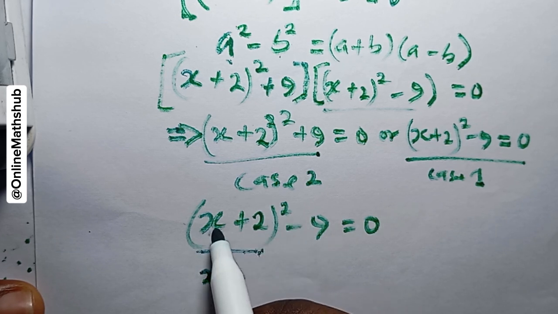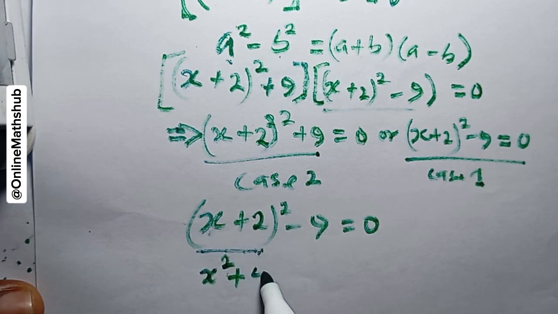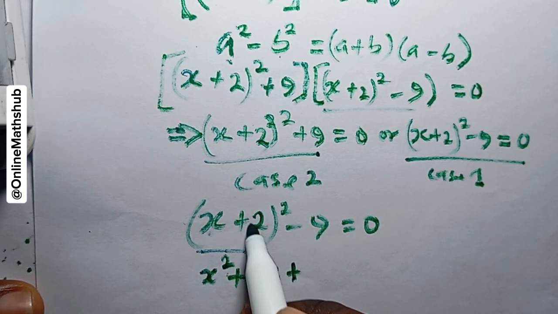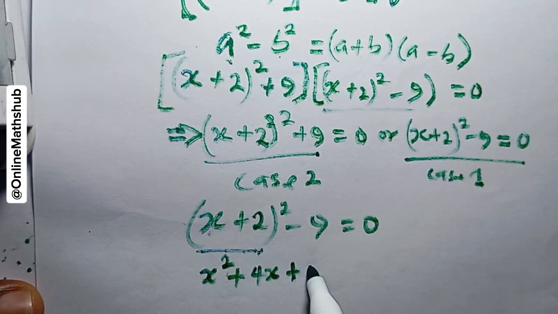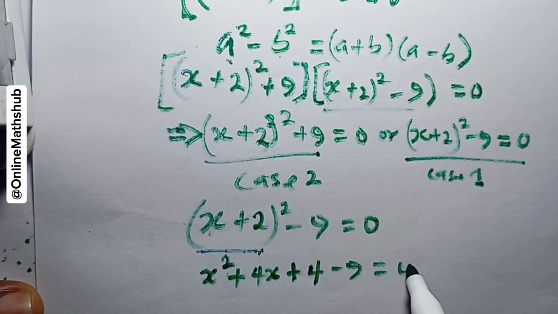So that is 2 times x times 2, which is 4x. And then you also use this last term inside the bracket to multiply itself, or you just raise it to power 2, and that will be 2^2, which is 4, minus 9, equal to 0. So simplifying, this is x^2 + 4x - 5 = 0.